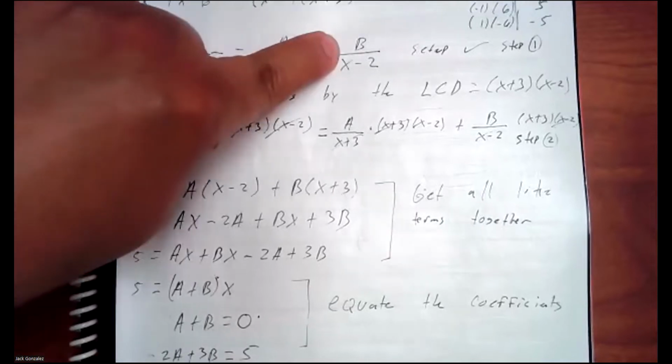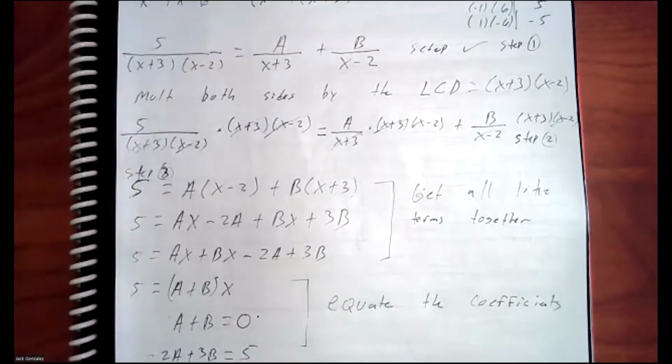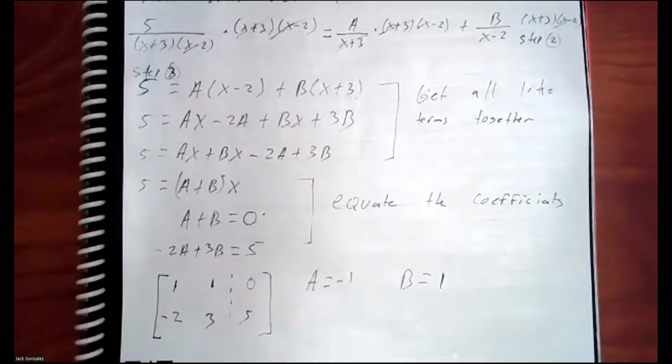So -1 would go here, 1 would go here. Is that clear? What the goal is? Okay.